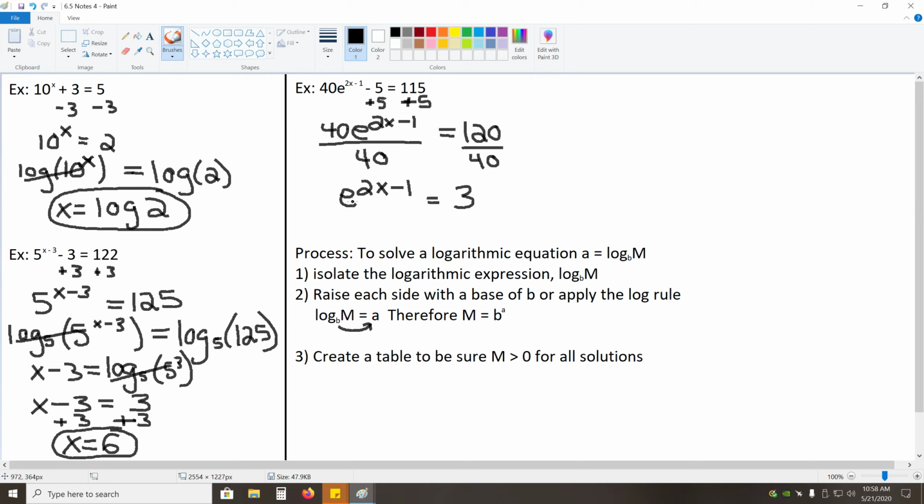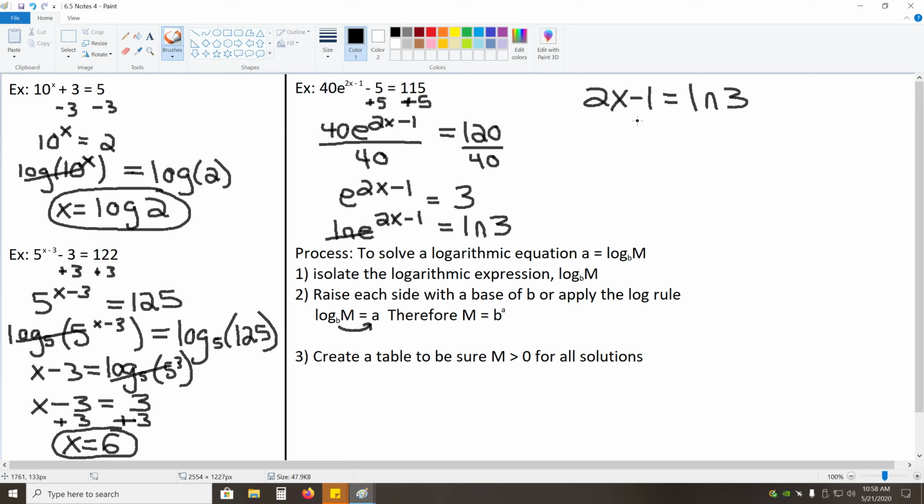And now from here, to get rid of this base e, we have to take the natural log of each side of the equation. And when we take that natural log, the natural log of e will cancel out, leaving us with 2x minus 1 equals the natural log of 3.